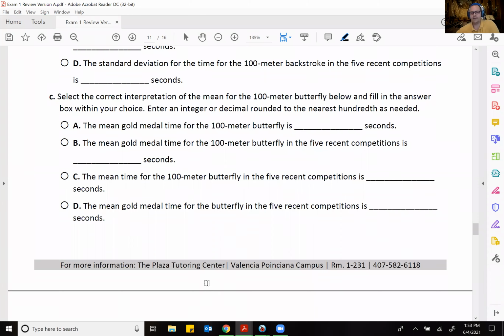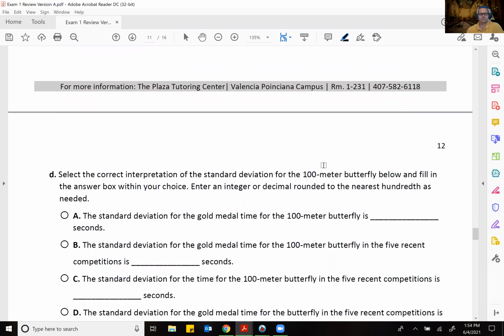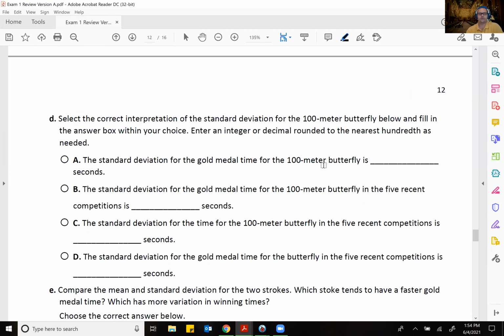B. It is B. Just like all the others before it, B has the gold medal time. It's the 100-meter butterfly, and it's for the most recent 5 competitions. And in the blank goes 51.02. And then D, and then we'll do a comparison.